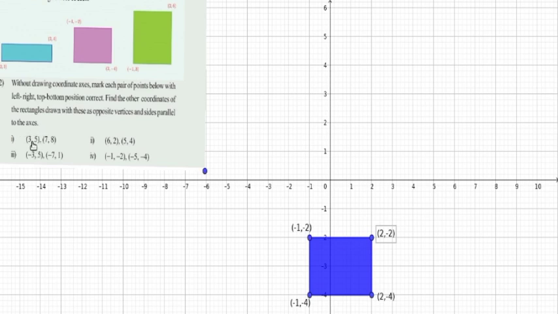Take these as the coordinates of the opposite vertices, then draw rectangles using these coordinates. Similar to this one, that is (3, 5) and (7, 8). (3, 5) on one side, (7, 8) on the other side.